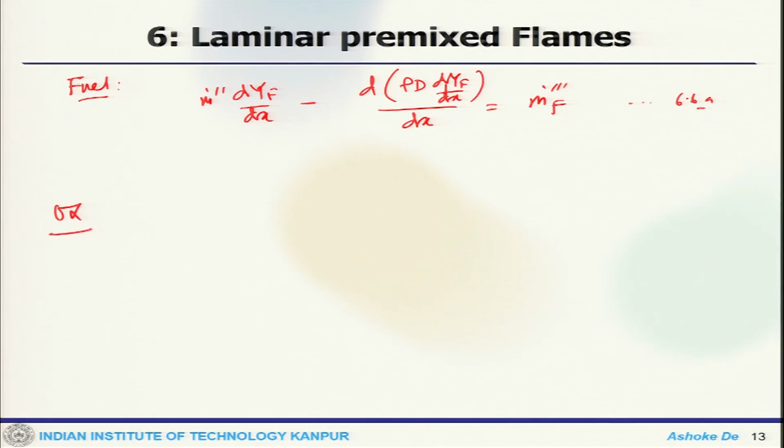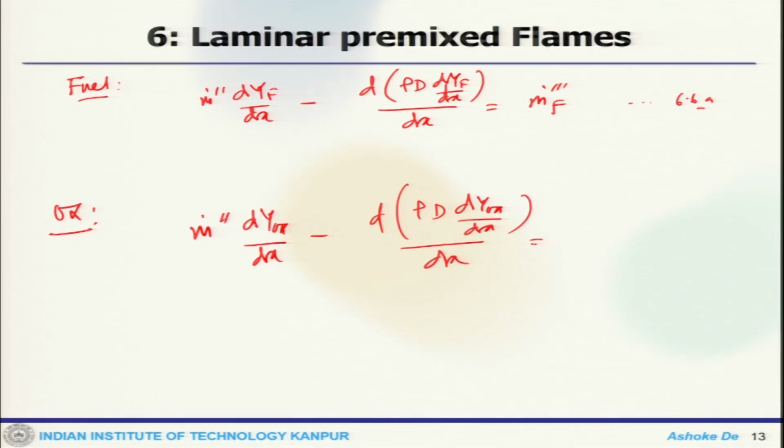And for oxidizer, if we write, m dot d Yoxidizer by dx minus d/dx of rho D dY/dx equals nu m dot triple dot f. One can notice here in the diffusion law we have D which is constant, because that is one thing that we have assumed, that they are going to be equal.